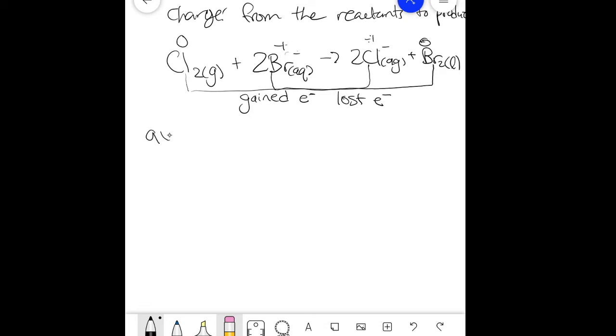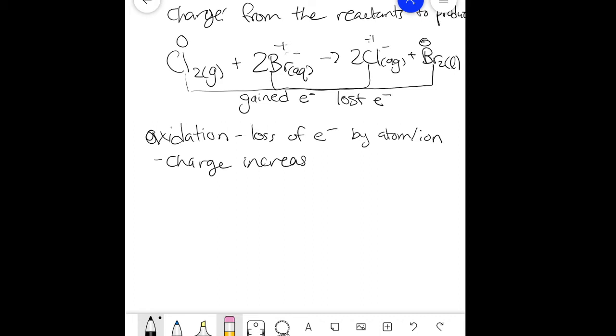Oxidation is a loss of electrons by an atom or ion, and when this happens, the charge increases.